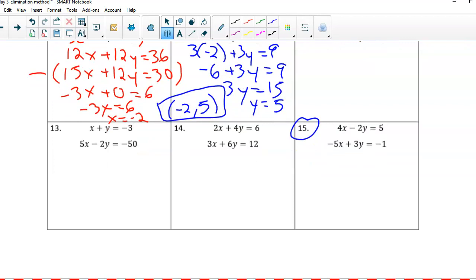Right? 15. What would be the first step? See if they have the same coefficient. Do they? No. What's the next step? Multiply what?